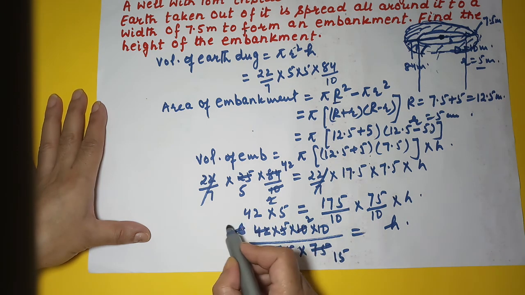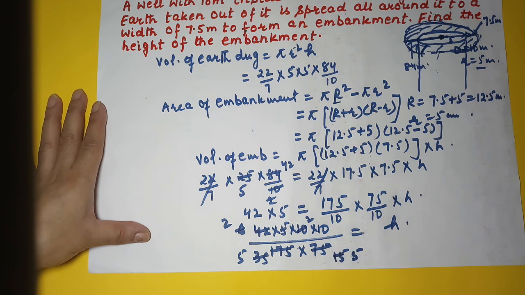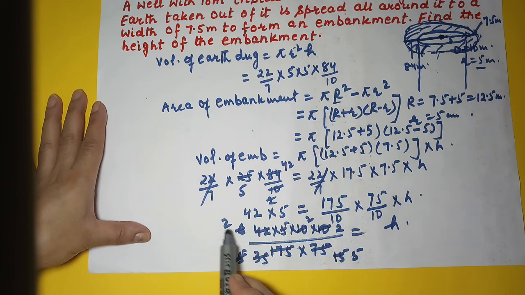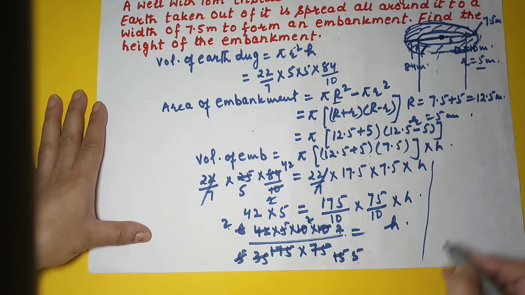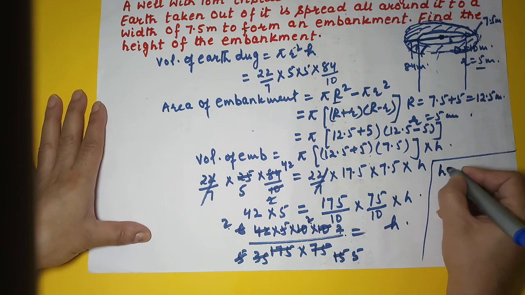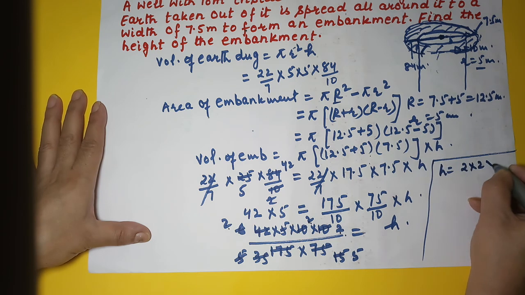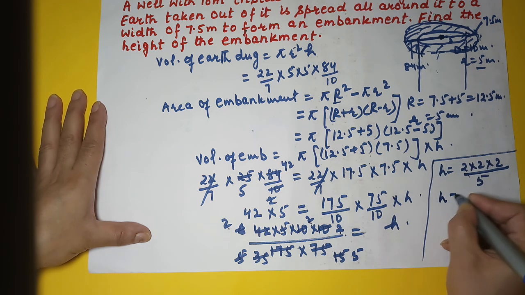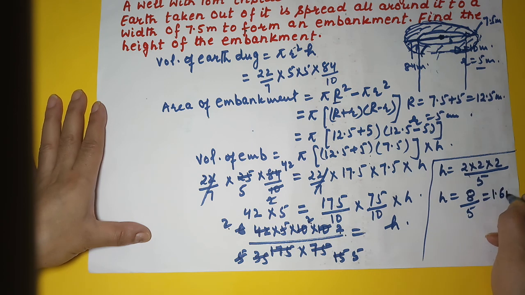So 3 2s are 6, 3 5s are 15, 5 2s are 10. Now I have got 2 into 2 into 2. So my h is equal to 2 into 2 into 2 in the numerator, and what is in the denominator? Only 5. So h is equal to 8 divided by 5, which is equal to 1.6 meter.